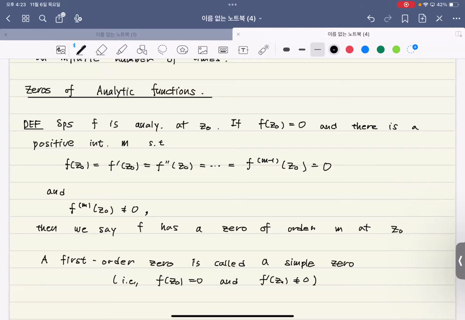So just as we did for the singularity of a pole, we can do exactly the same thing for the zeros of any analytic function. If you have an analytic function and the function value at z0 equals 0, then your function f has a zero at that point, and you can define the order of the zero.